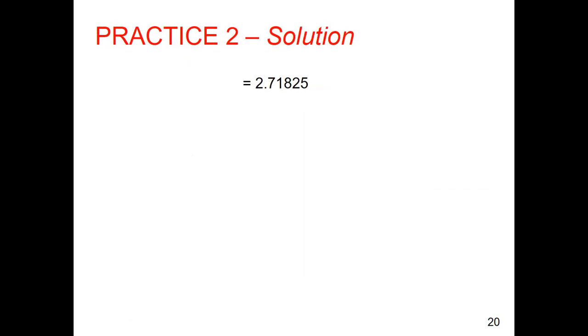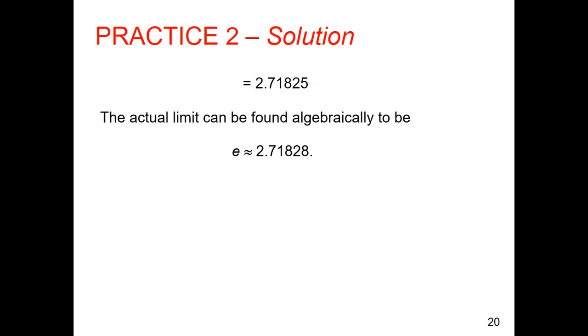This function, if you remember from exponentials in Algebra 2, is actually your E. That's the value of E. So this is actually the formula used to approximate the value of E. And that's where that comes from. It is a formula we've seen before, and we've talked about it when we talked about exponential functions and natural log and the value of E in the past. E is just a value.